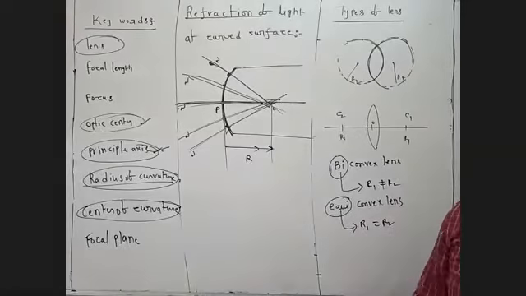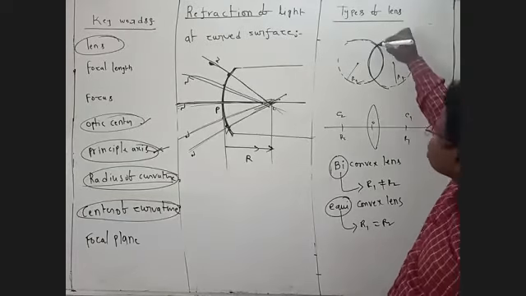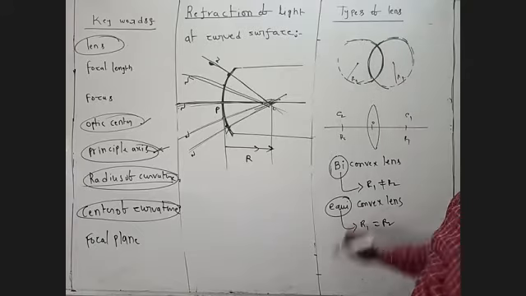A lens is bounded by two surfaces. One is a curved surface, and the other is also a curved surface.